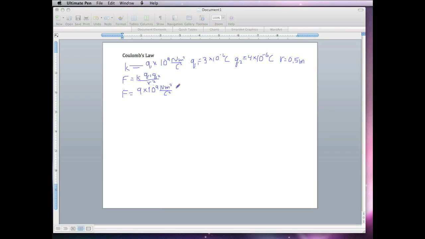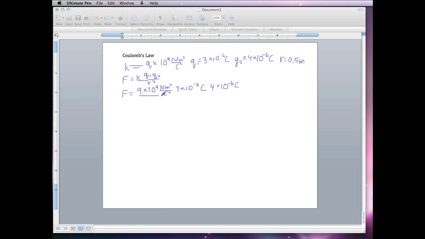Q1 we said was 3 times 10 to the minus 6th coulombs, and Q2 we said was 4 times 10 to the minus 6th coulombs.